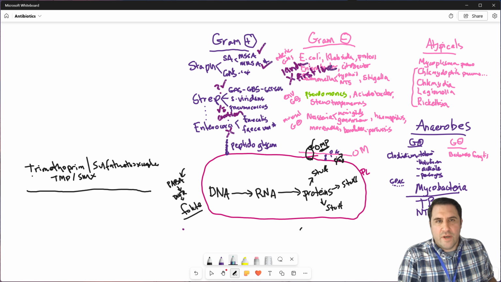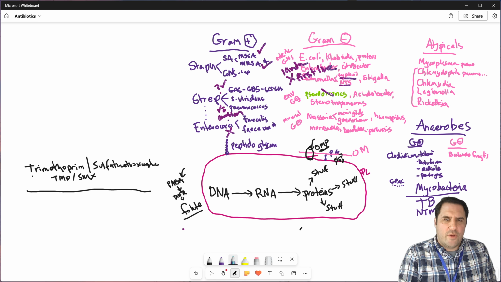So it is pretty good for UTIs as long as you've done a culture and you've got your susceptibilities back and you know it's trimethoprim sulfa susceptible, then you can use these. And similarly, even with non-typhoidal salmonella or even typhoidal salmonella, when it's not resistant and we can grow it and run susceptibilities, you might be able to use it in those situations.